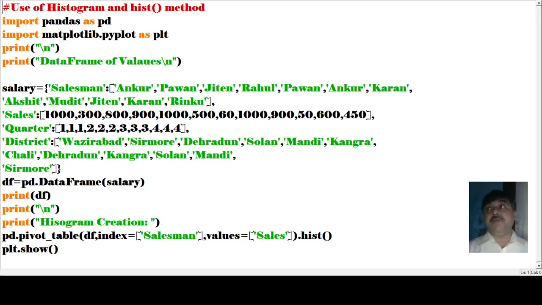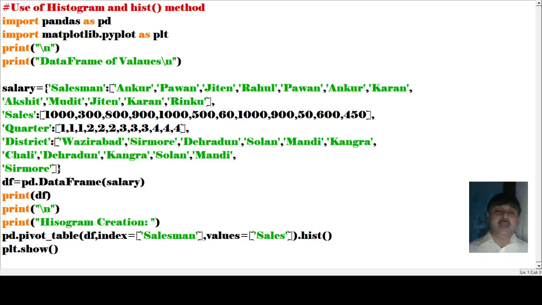Now we have printed the salary. As we have printed the salary, we are creating the histogram. So how to create the histogram? pd.pivot_table, that means the table is a pivot table.